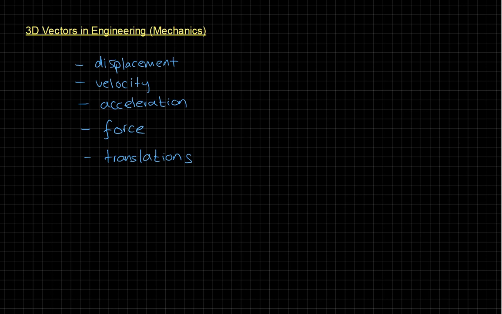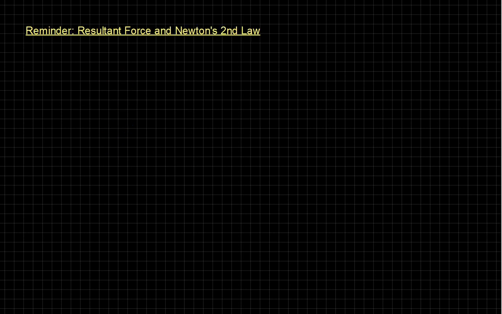Cool. Okay, so to just remind ourselves what we're using these vectors for in the first place. Within engineering, within mechanics, these tend to be what we use them for. And I'll just get rid of translations because we won't be looking at that now. And then to remind you about this extremely important formula, as you hopefully remember.